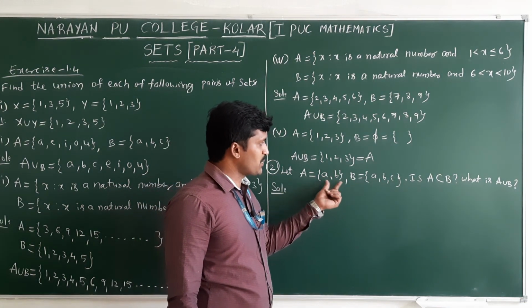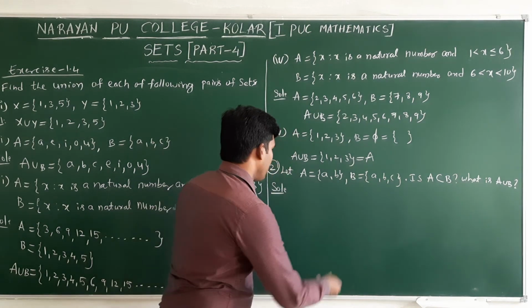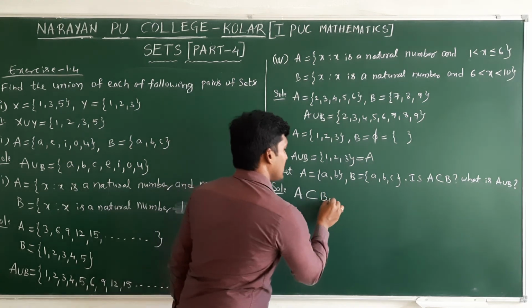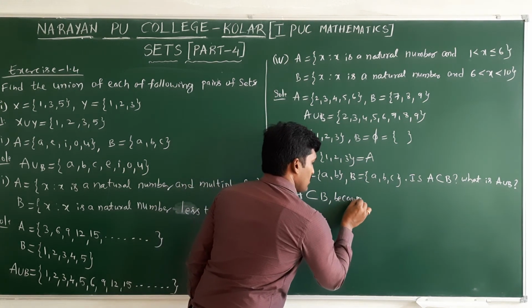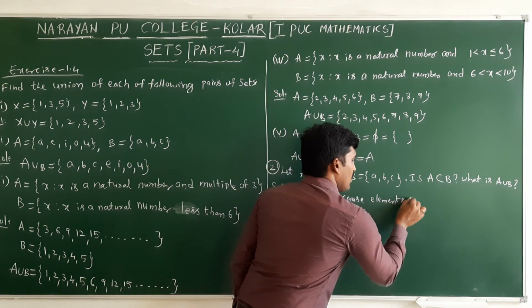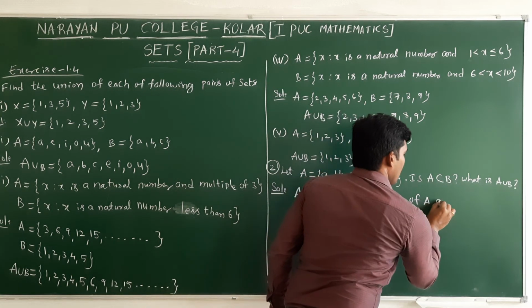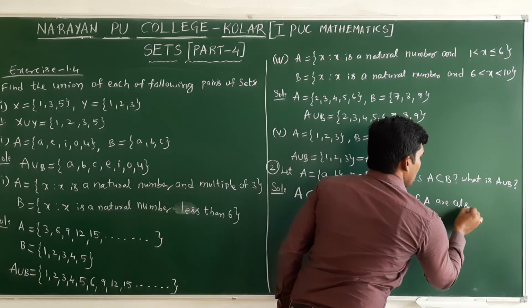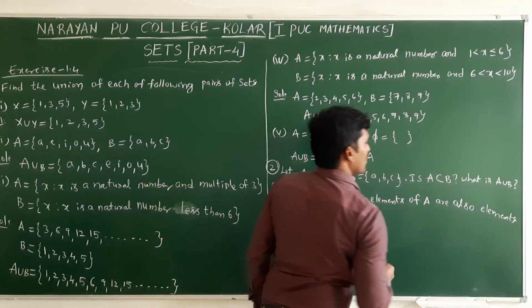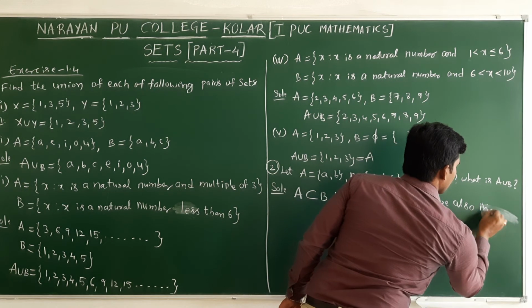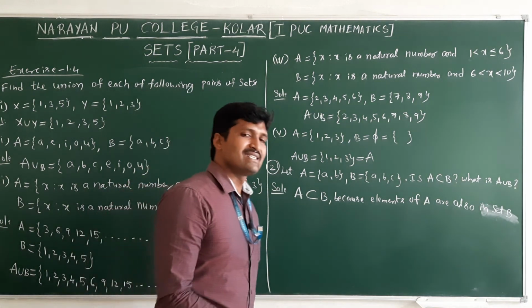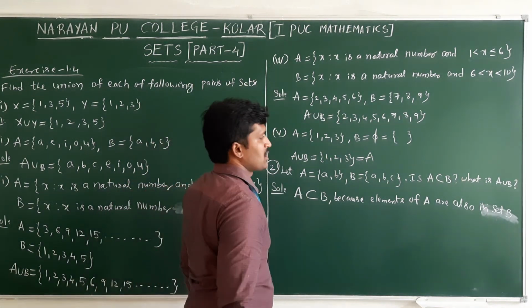All these elements are also present in B. That's why A is a subset of B, because the elements of set A are also in set B. That is the reason.